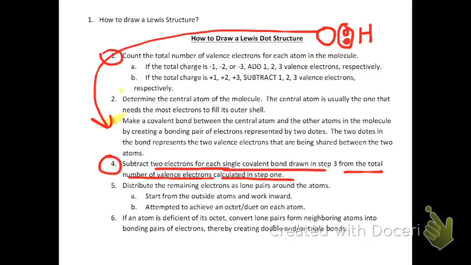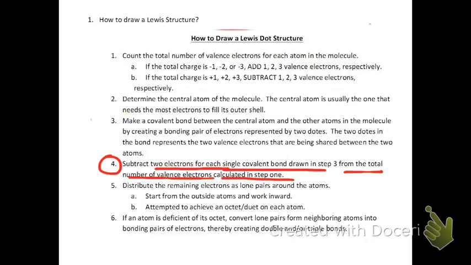Okay. Now, it's important to note that you are going to use up all of the valence electrons when you do this method. And so there shouldn't be any valence electrons remaining once you're done. All right?